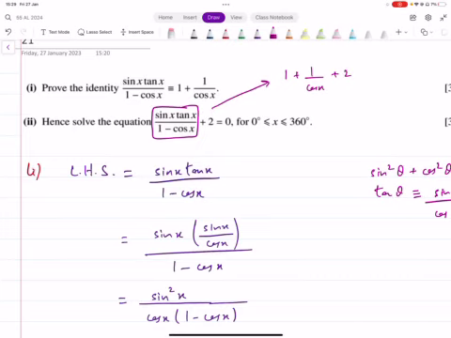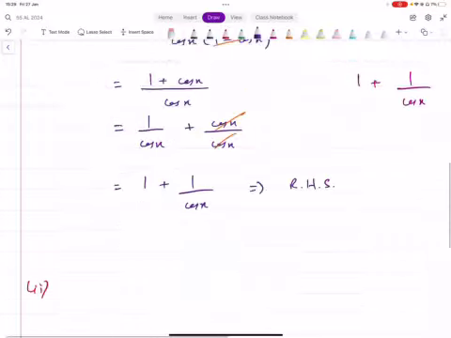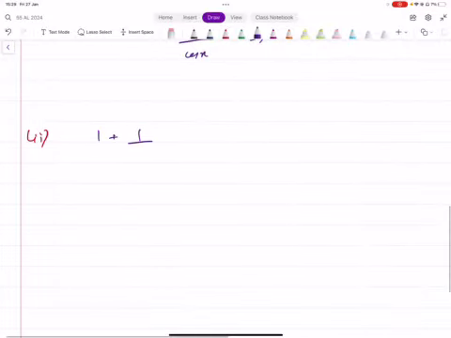So you got plus 2. This equals 0. Does this make sense? Yeah. So this becomes 1 plus 1 over cos x plus 2 equals 0. This is the equation that we have to solve.